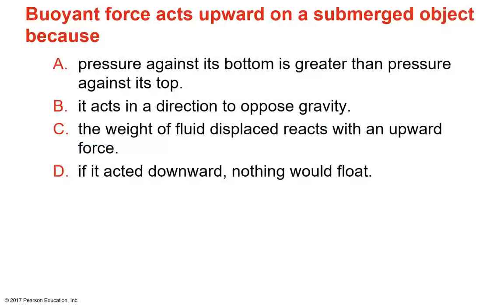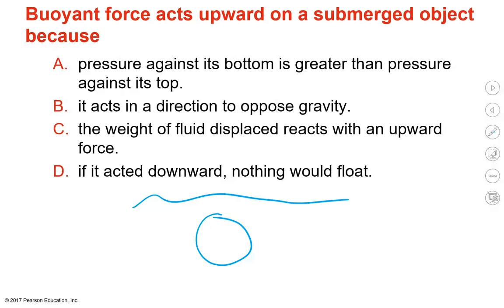Next one that everyone missed: buoyant force acts upward on a submerged object because. This was the whole point of our lab this last week, was the buoyant force. It was because when you have a fluid and something in a fluid, you had the force of the water pressure, in our case, since it was water, pushing down on the top, and the force of water pressure on the bottom pushing up.